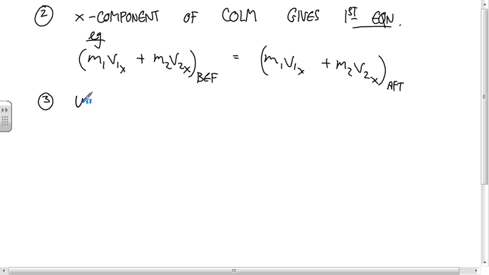Three, use the conservation of kinetic energy for the second equation.